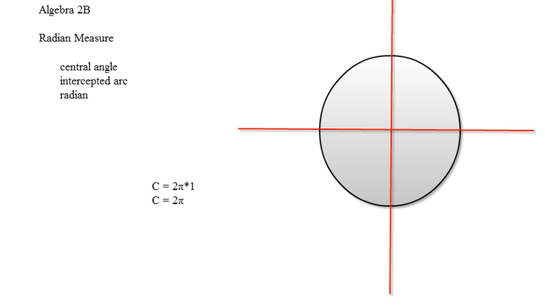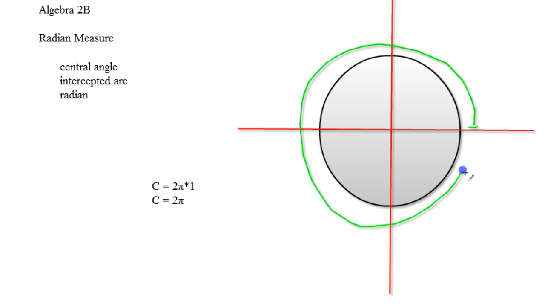That means the total distance, if I start from here and go around this circle, and remember if we're going negative we go the other direction, is a length of 2 pi.